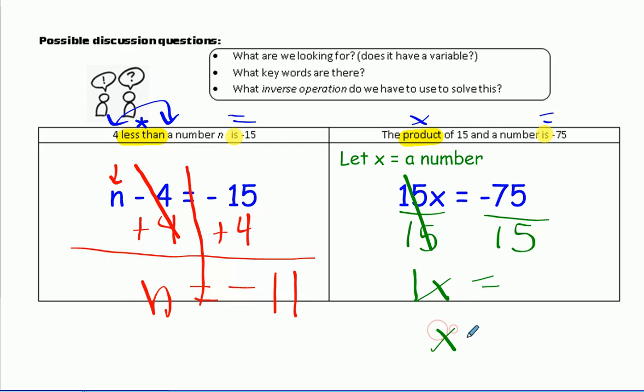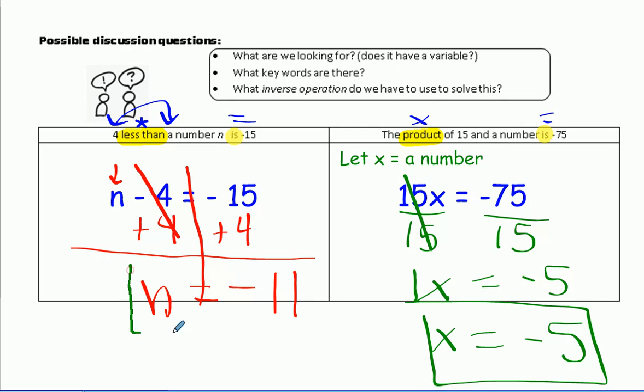Again, you can just leave it as plain old x, or 1x, up to you. Negative 75 divided by 15. Again, I'm not using division signs, I'm using a fraction bar to show the division. Another little minor change to our routine. And negative 75 divided by 15 is negative 5. So my final answer, or a number, is just negative 5.